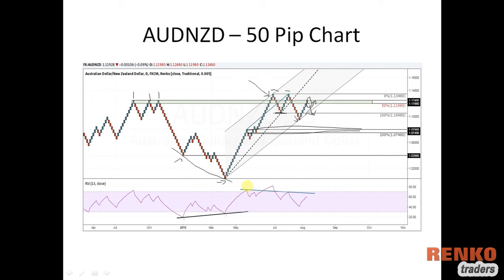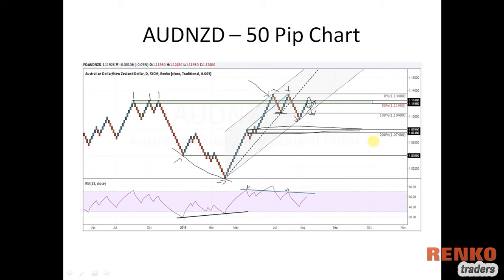Here you can see that price has made a high and a lower high, whereas here price has made a higher high. And notice that the divergence is formed right near the double top, which gives me some added conviction that this double top could actually be valid, and we could see a decline.